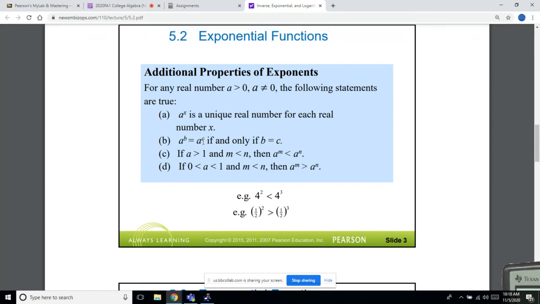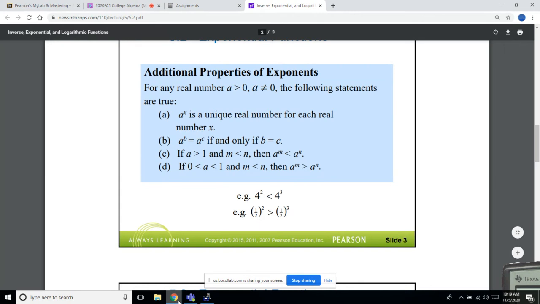So this is the drop the base method we'll use. We'll take the exponential function and try to make our bases the same, and once our bases are the same, we can drop the base and solve the exponent.